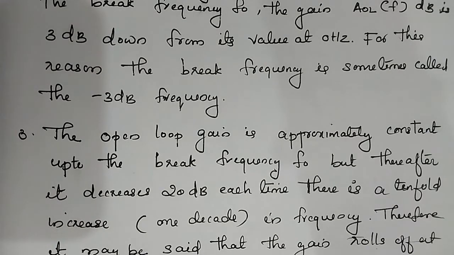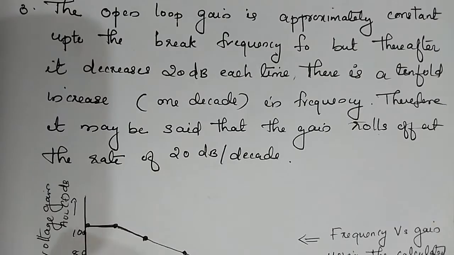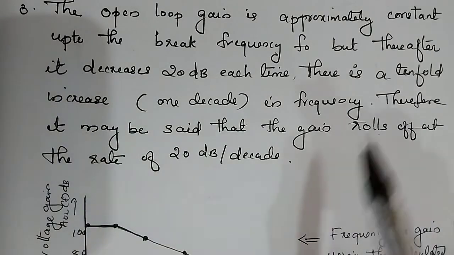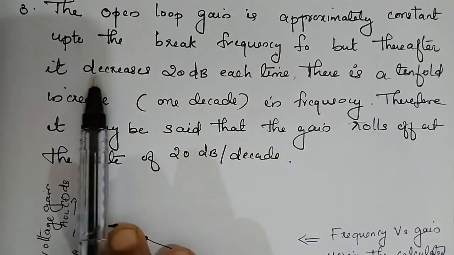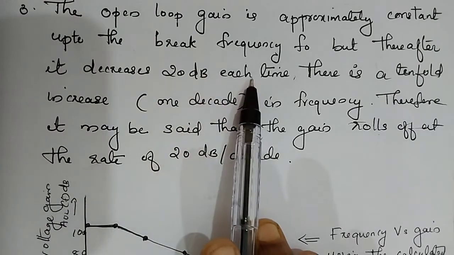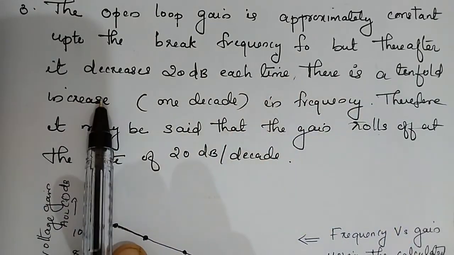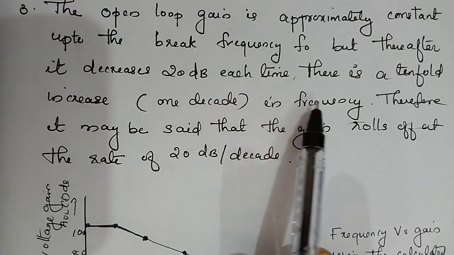That means at f is equal to f0, the operating frequency is equal to the break frequency value, and we get the gain 3 dB down from its value at 0 Hz. For this reason, the break frequency is sometimes called the minus 3 dB frequency. Then the third point is, the open loop gain is approximately constant up to the break frequency f0, but thereafter it decreases 20 dB each time there is a tenfold increase, that means 1 decade, in frequency.